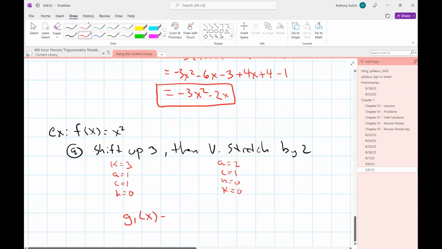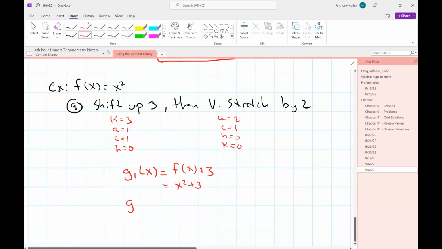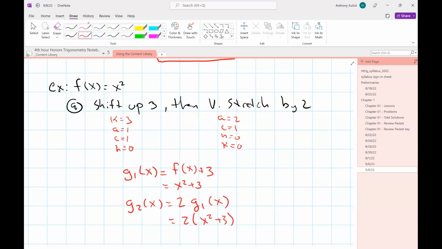So the first step in my transformation should just be f of x plus 3, or x squared plus 3. And then the second step should be 2 times the previous step, which is 2x squared plus 6.